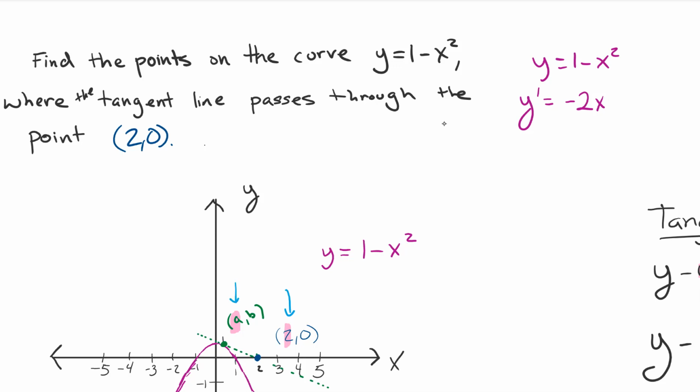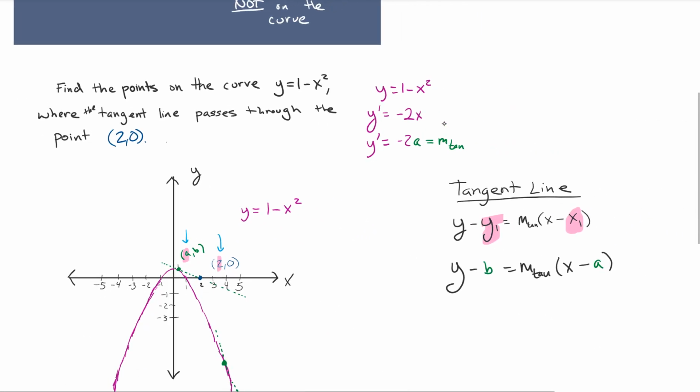So we do that, and y prime is equal to negative 2 times that a. That's some particular number, so we can call that the slope of the tangent line: negative 2a. We keep cleaning. All right, y minus b, we got some sort of b going on here, and that's equal to our new slope of the tangent line, negative 2a.